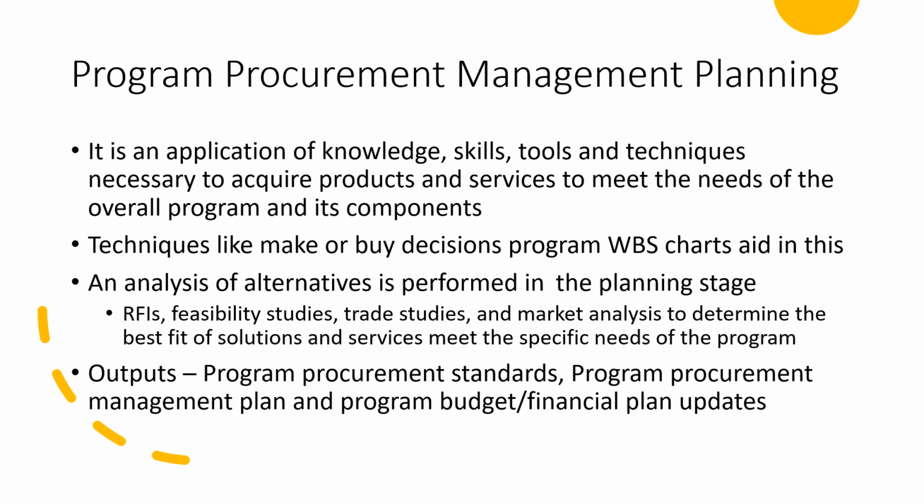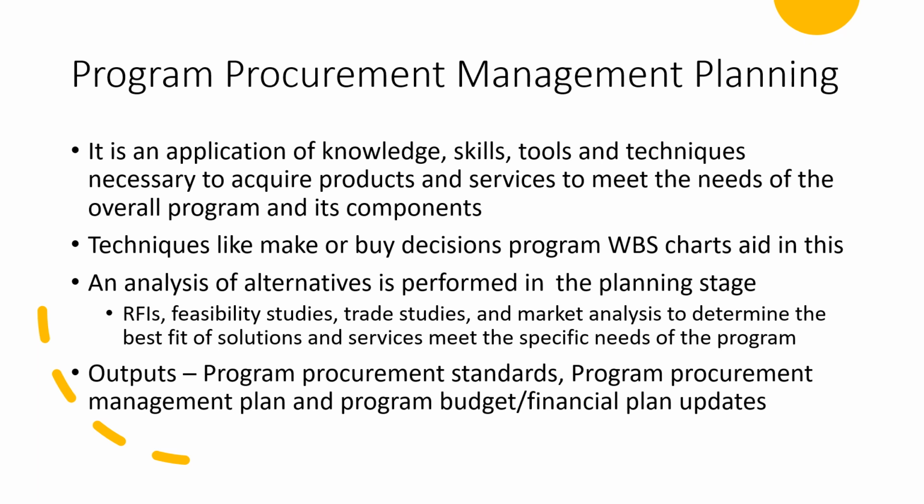Let us talk about program procurement management planning. It is an application of knowledge, skills, tools, and techniques necessary to acquire products and services to meet the needs of the overall program and its components. It helps with how we are going to procure the required products or services that we want to consume as part of the program or its components.